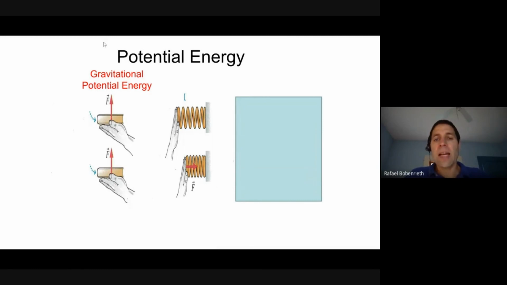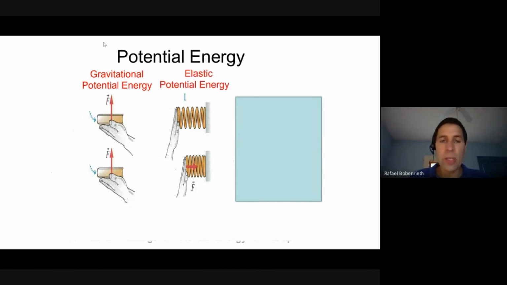Similarly, I am exerting a force on that coiled spring, displacing it a certain amount: force, displacement. That means my hand is doing work. And when I do work on that coiled spring, I change the energy of that spring. We've talked about this. This is a specific type of potential energy, which we call elastic potential energy.